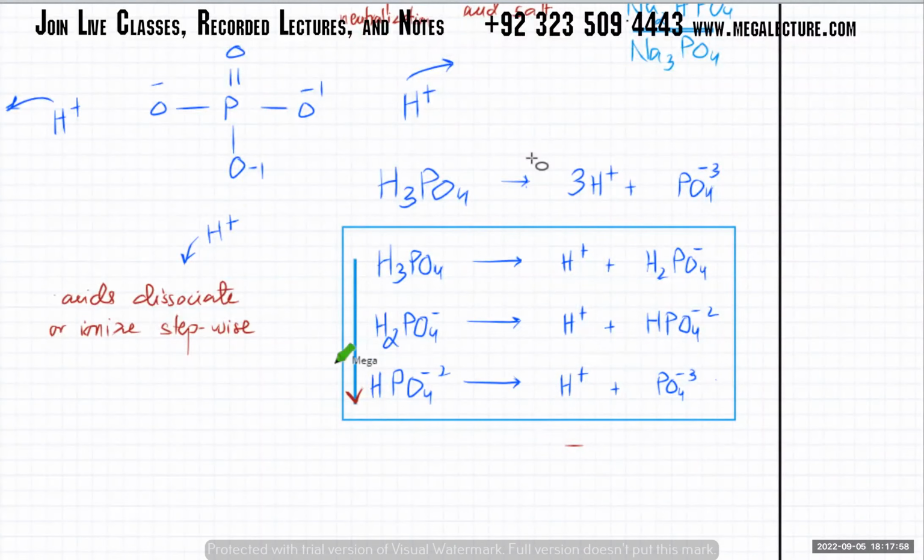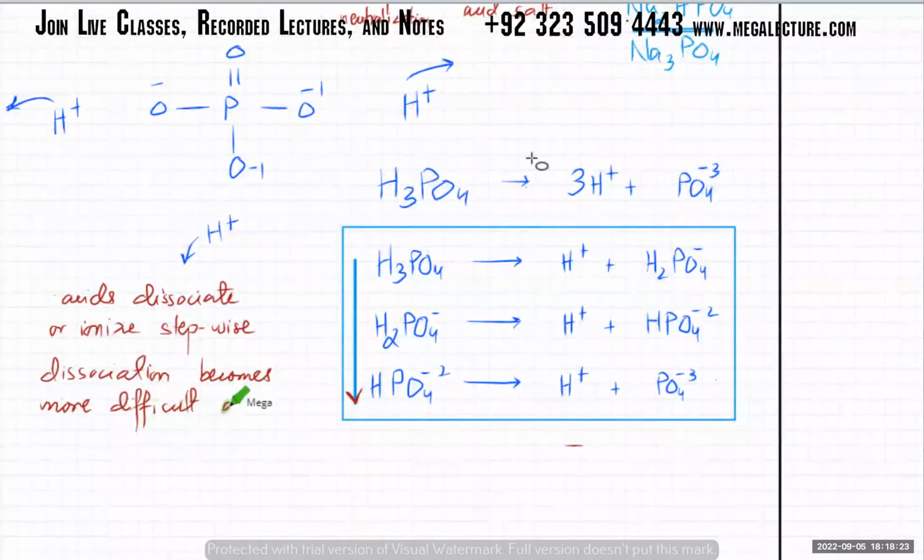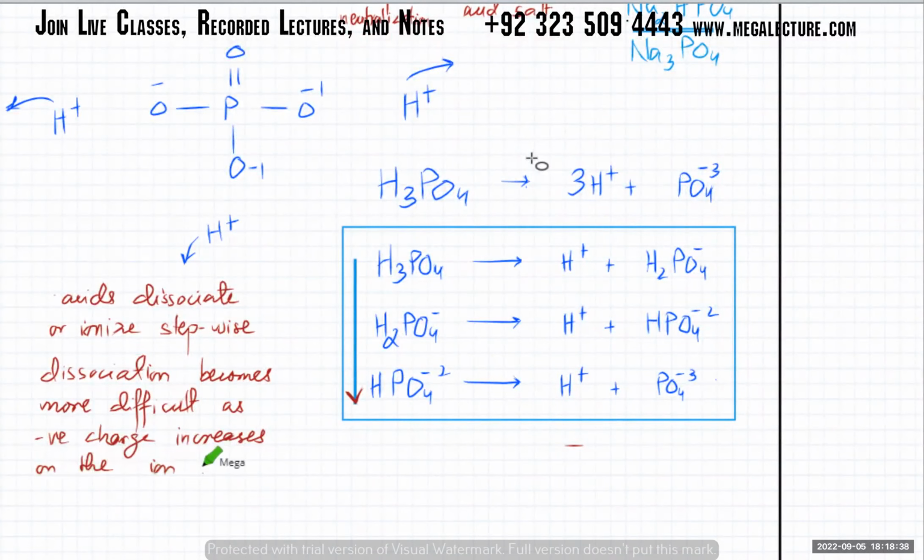So what happens is that the dissociation becomes more difficult as the negative charge increases on the ion. That's the reason why they're becoming weak acids.